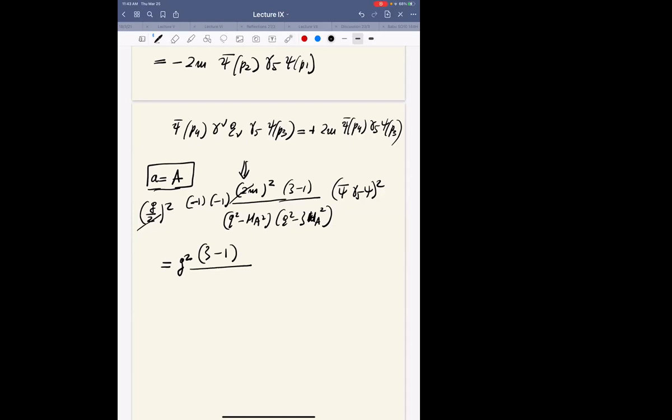God, I hope I did it right. Q squared minus MA squared, Q squared minus psi MA squared, psi minus 1. I can write it also here, psi bar gamma 5 psi squared. That's the second piece.